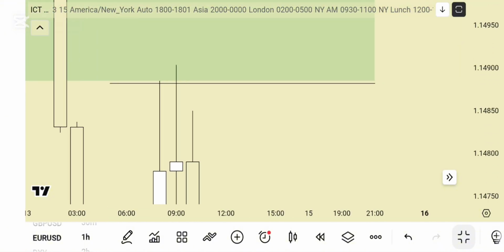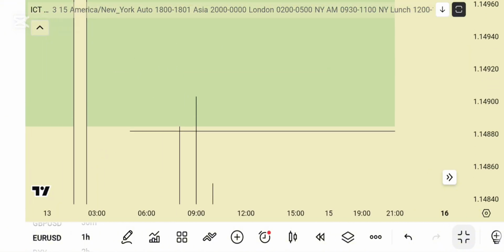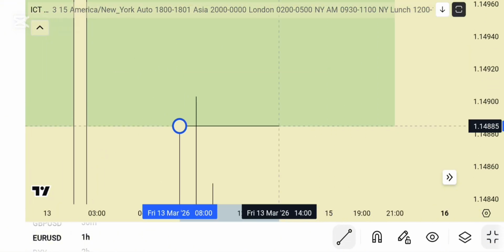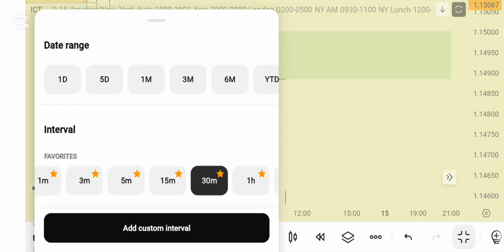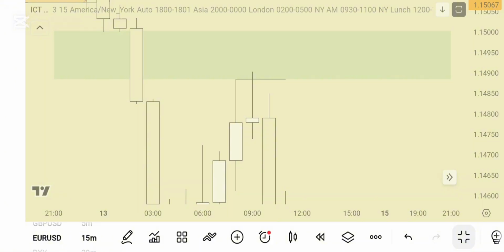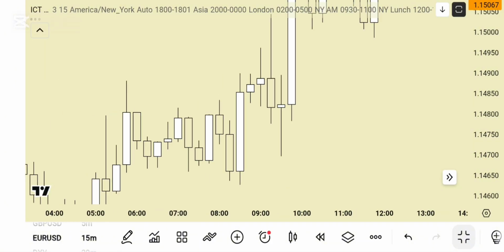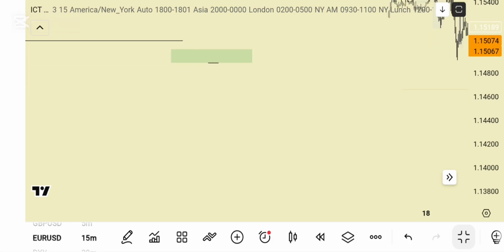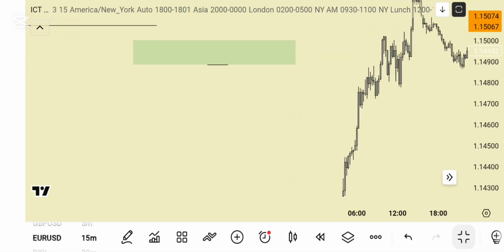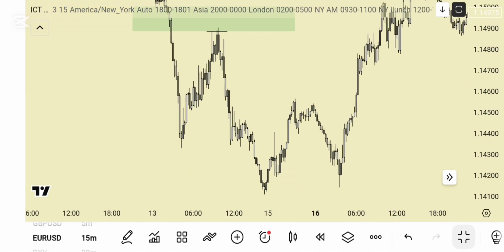So we had a sweep here, right? We had a sweep around this level and a 15 minutes model one, if I'm not mistaken. Yes, this was it. M15 model 1, right? Here it is.